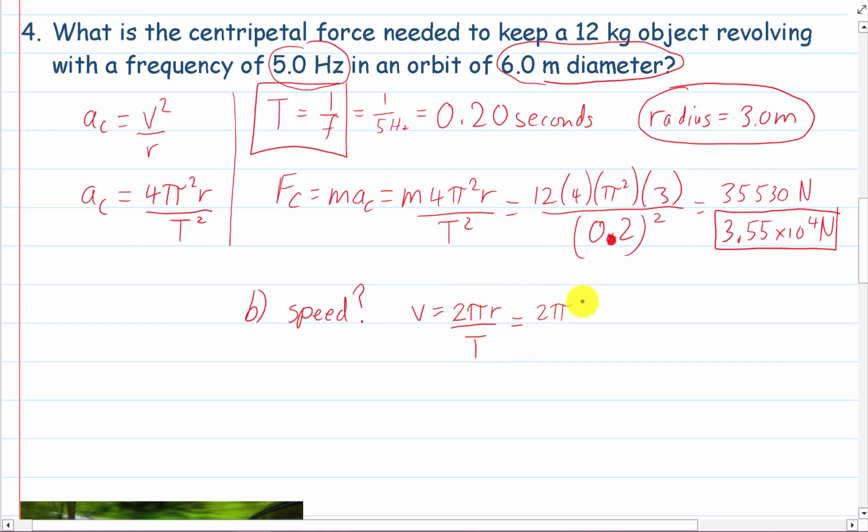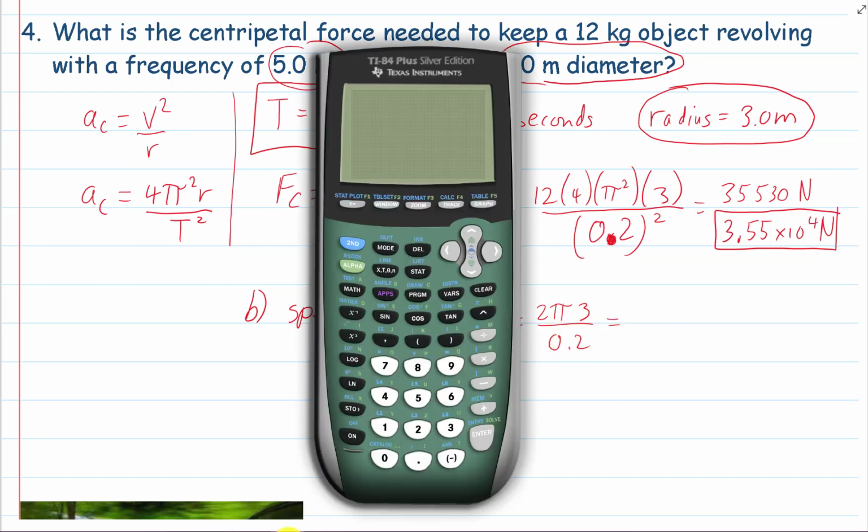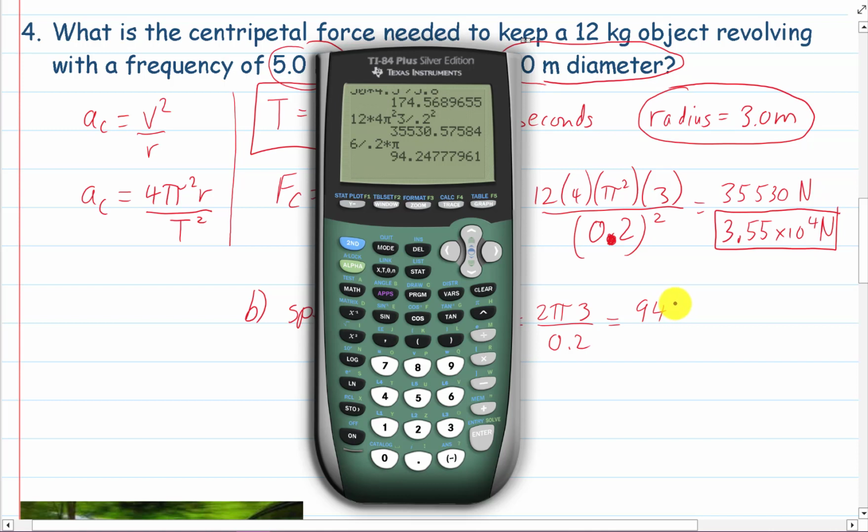So 2 pi times 3 all over 0.2. So 6 divided by 0.2 times pi, which is 94.2 meters per second.